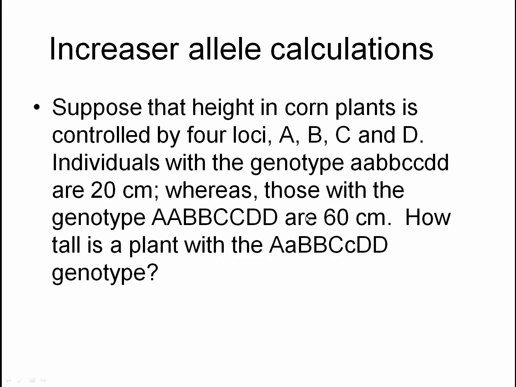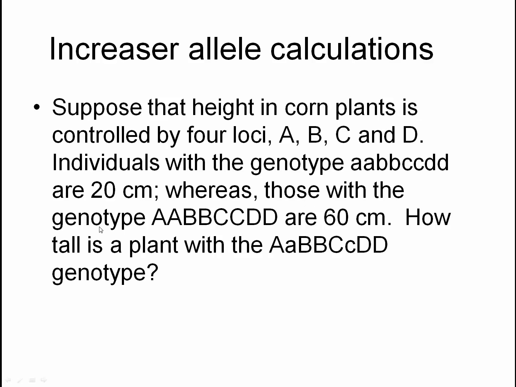So here's an example of some exercises you're going to see. Suppose we have height in corn plants, which is controlled by 4 loci, A, B, C, and D. Individuals with a multilocus genotype homozygous for all the lowercase alleles, little a, little b, little c, little d, are all 20 centimeters tall.